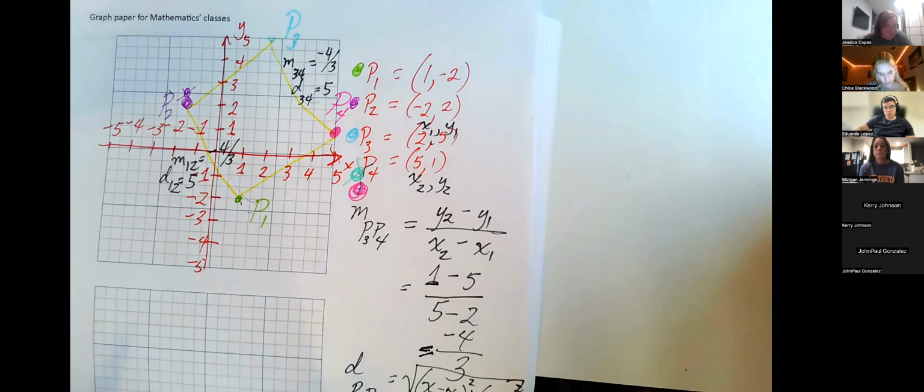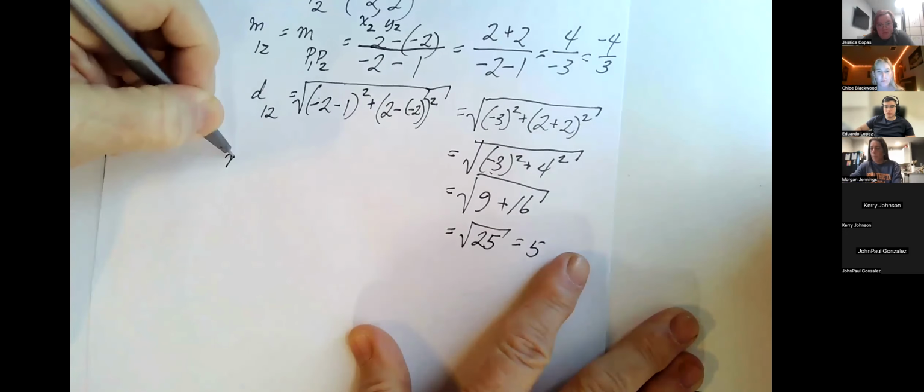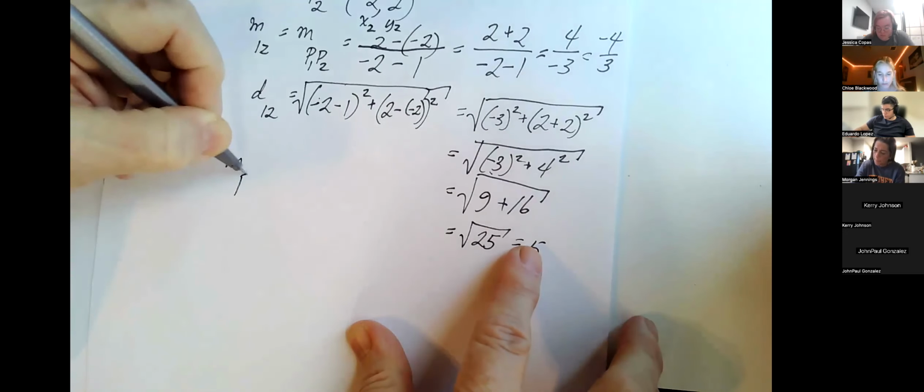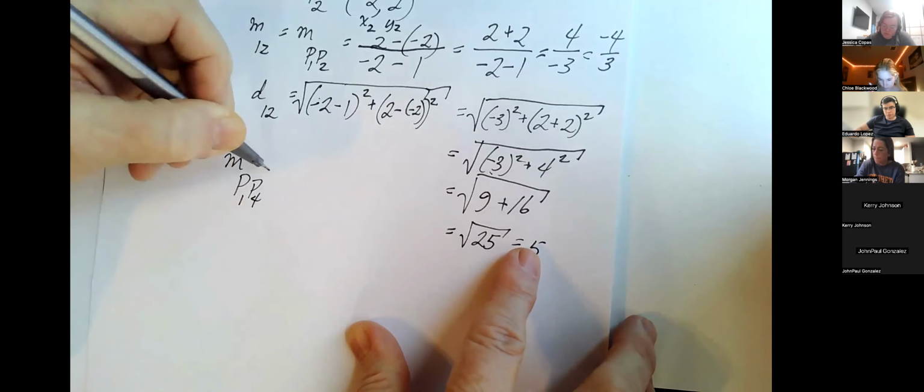Which other sides need to have the same slope? The parallel sides. P2 and P3, and P1 and P4. Excellent. So let's find the slope between P1 and P4.